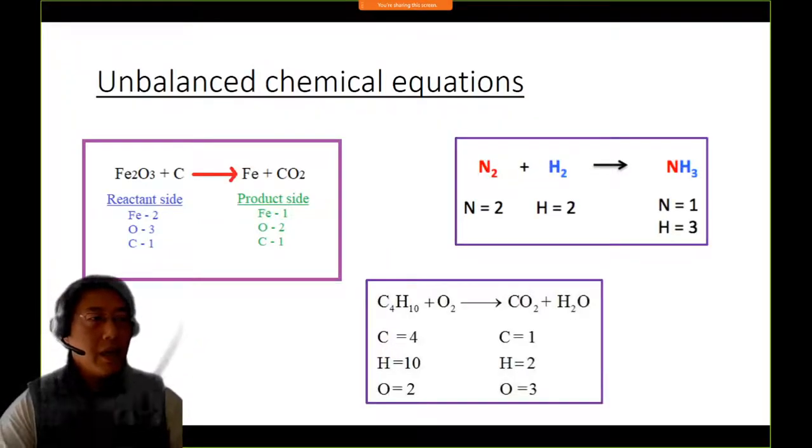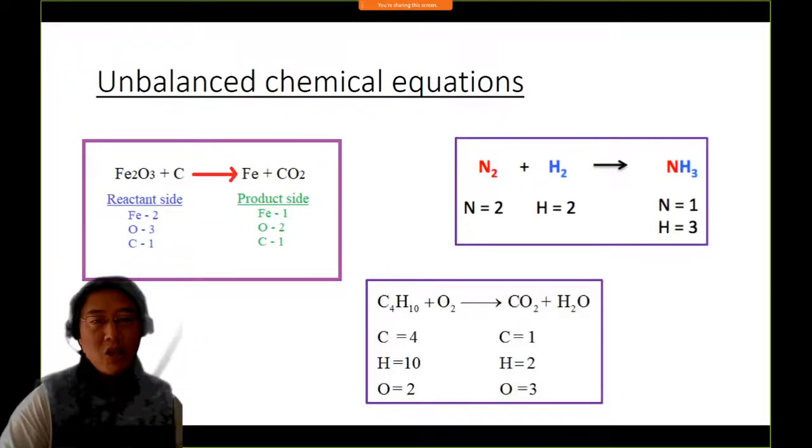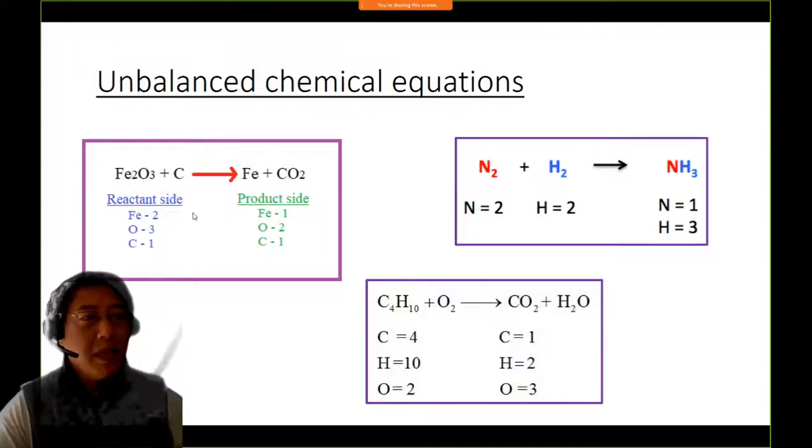All right. Let's look at some examples of chemical equations. First we look at unbalanced. Unbalanced means they're not finished, they're incorrect the way they are. So here you have molecules. Here you have Fe2, which means you have two irons.